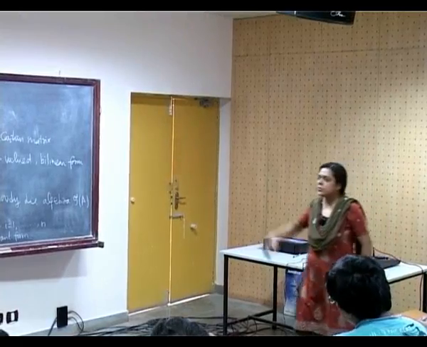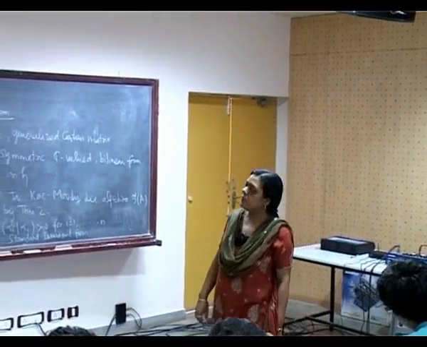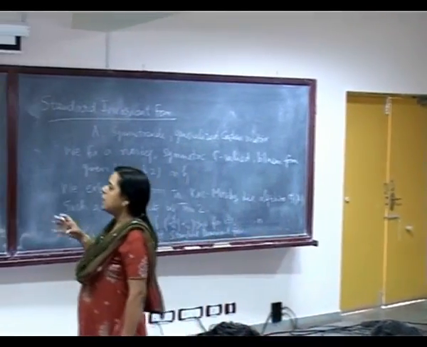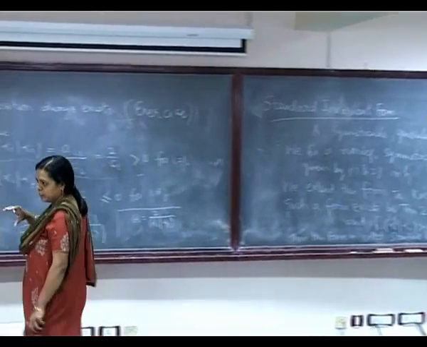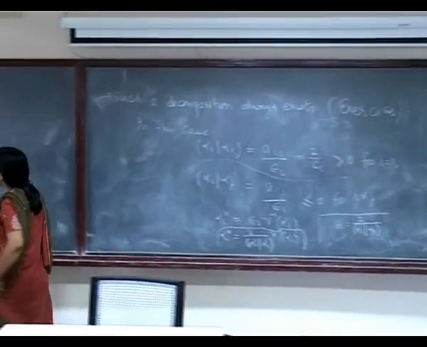Okay. So we have talked about the bilinear form. Now I will tell you about the Weyl group of a Kac-Moody algebra.